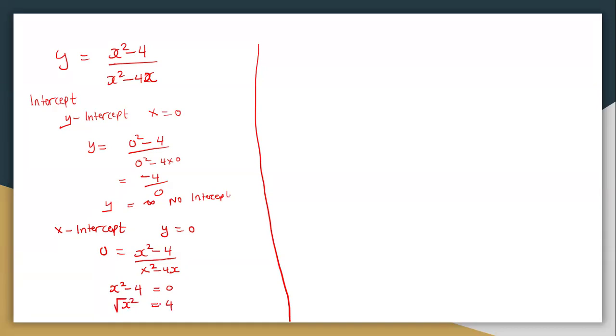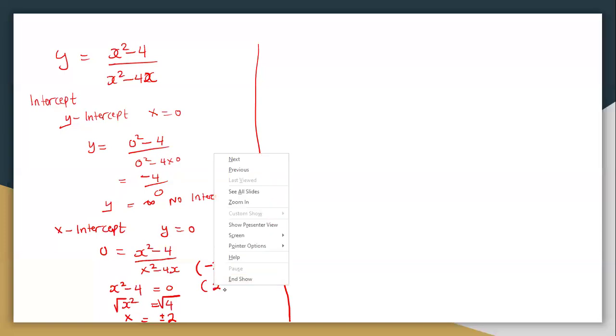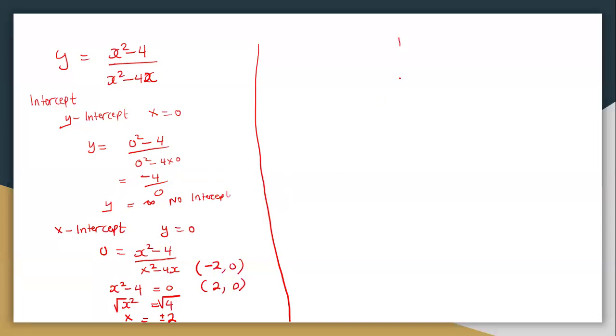When you get a root of 4, how many values of x do you get? We have positive and negative 2. So what are our coordinates? Our coordinates will be negative 2, 0, then positive 2, 0. Okay. We continue, don't go away. We'll go to asymptote.